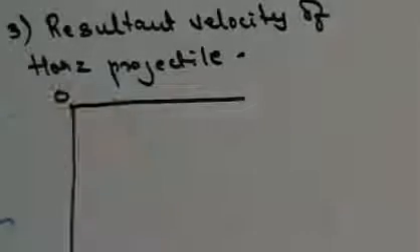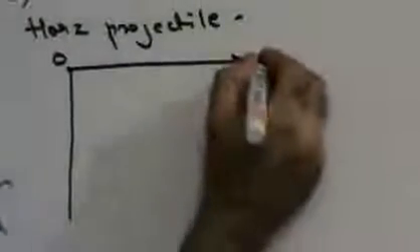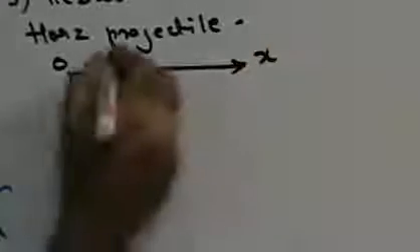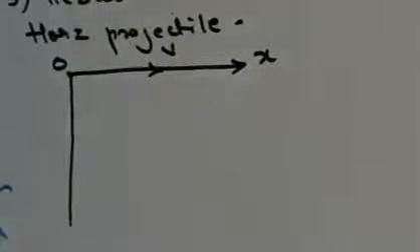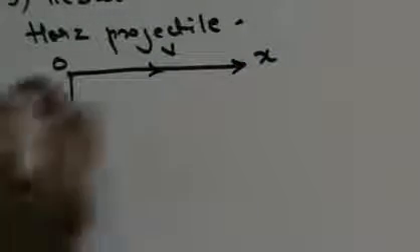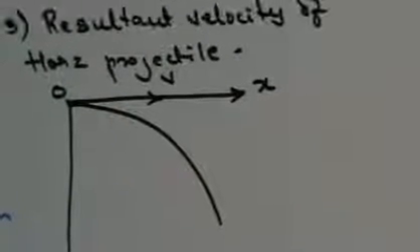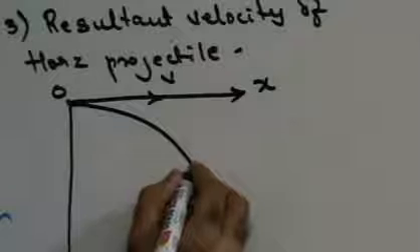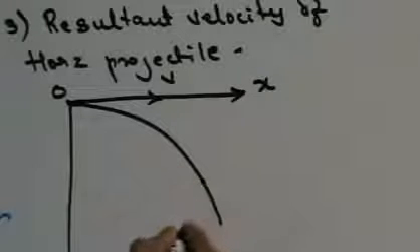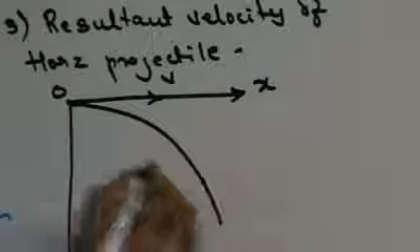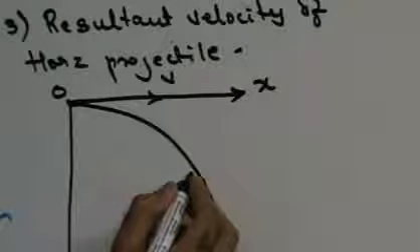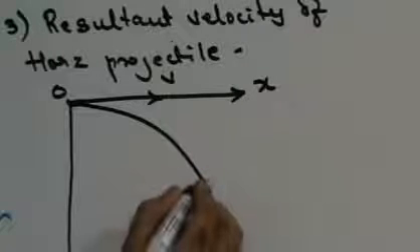Let's consider a horizontal projectile at point O. Let's consider that the body is at point O. It is projected in the direction of the x-axis with a velocity of v. Gravitational force will act on it, and hence it is going to move in a parabolic path. Let us consider a point P here.